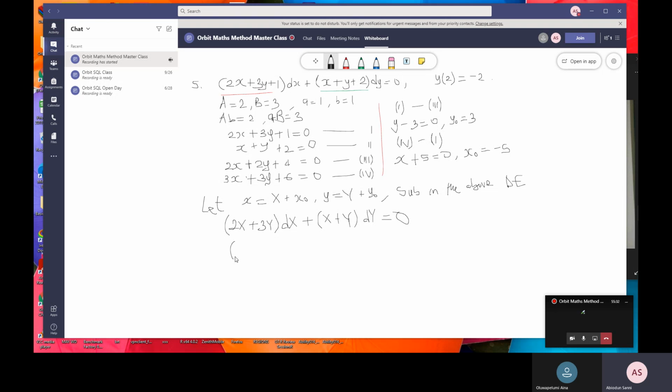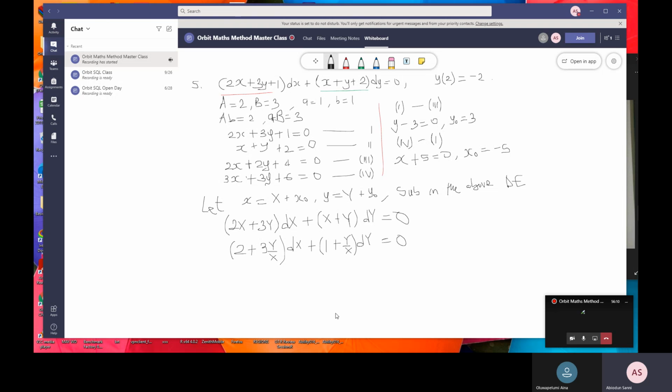So I'm going to have 2 plus 3 into, then need to put brackets in, y over x, dx plus 1 plus y over x, dy is equal to 0.